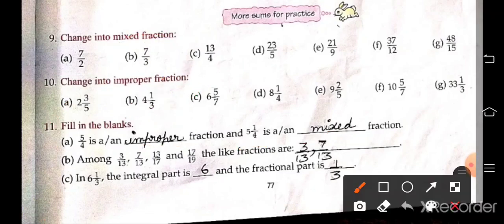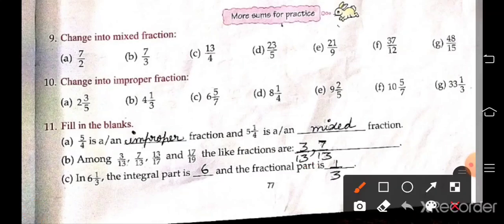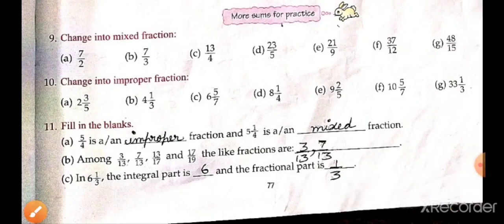Among 3 upon 13, 7 upon 13, 3 upon 17 and 7 upon 19, like fractions are the ones with the same denominator. So 7 upon 13 and 3 upon 13. In 6 1 upon 3, the integral part is 6 and the fractional part is 1 upon 3. Okay, so like this you have to do.